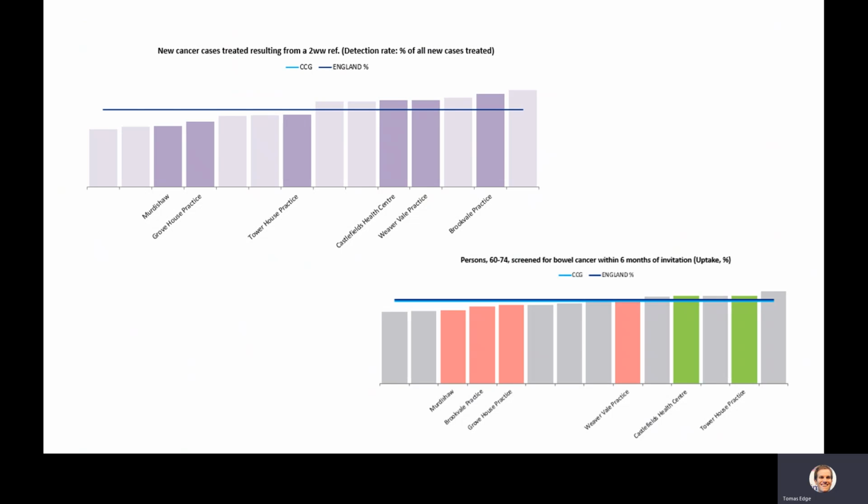And then the chart on the bottom of this screen is for bowel cancer screening uptake. Now this has a target, so there's a national target for that, and there you can see that the identified practices within that PCN are either red or green, whether or not they've hit the target.